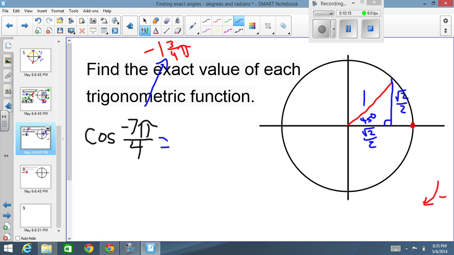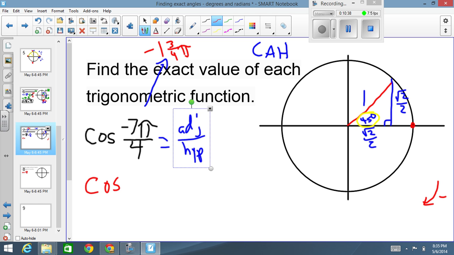So cosine, if you remember, cosine is adjacent over hypotenuse. If I look at my 45-degree angle, adjacent's going to be square root 2 over 2. Well, it really doesn't matter in this case because they're both square root 2 over 2.